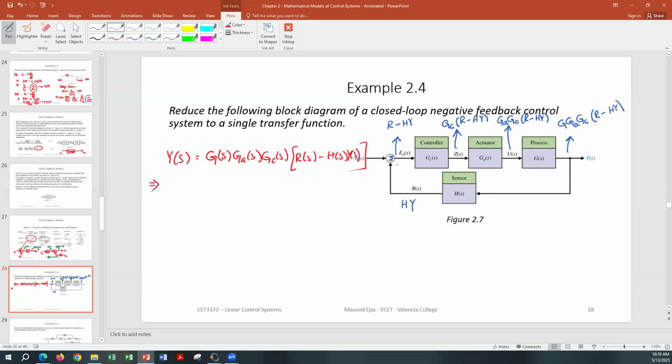We have Y(s) here, and we have Y(s) here. So I'm going to bring those two Y(s) together on the left hand side. It becomes positive because it's a negative sign here. On my right hand side, the first term is going to be there.